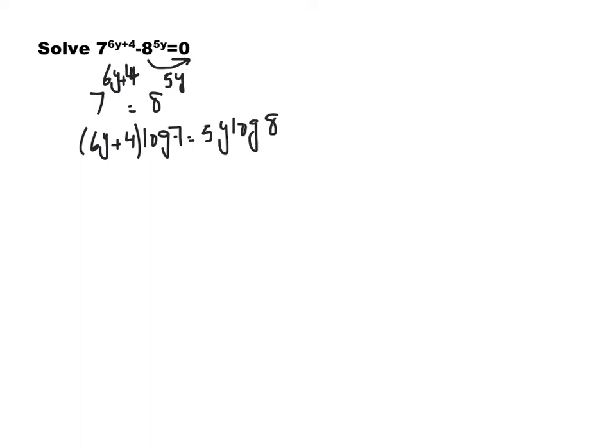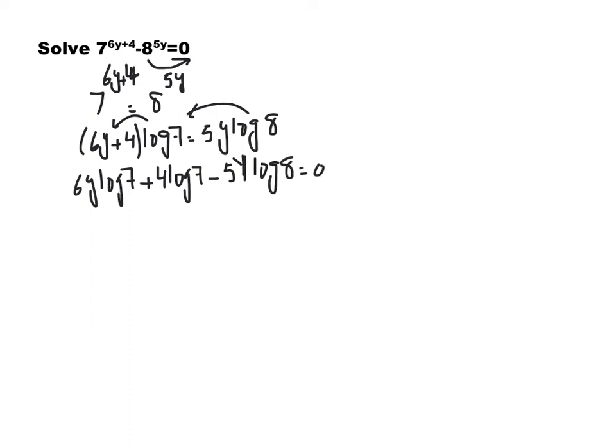Now I distribute the log inside the bracket and move this one to the left. So I get 6y log 7 plus 4 log 7 minus 5y log 8 is equal to 0.